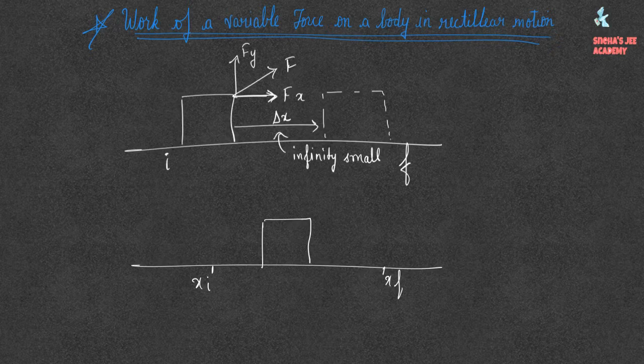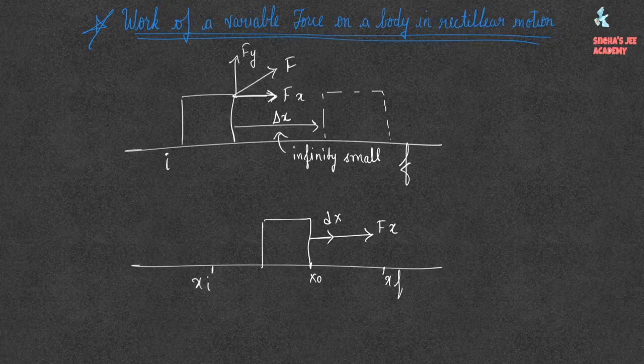So this is the box, and this is the force Fx and the displacement dx. Why we take d is because it is so small, we can consider it as a derivative of x. So this is xo, which is the position where it is.